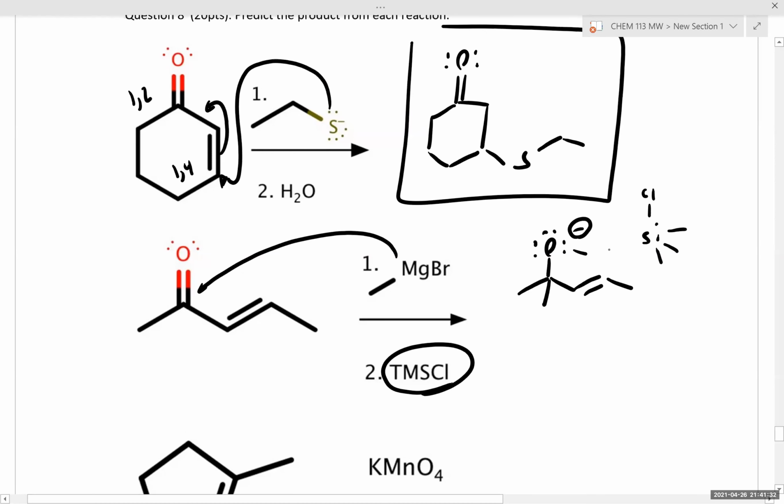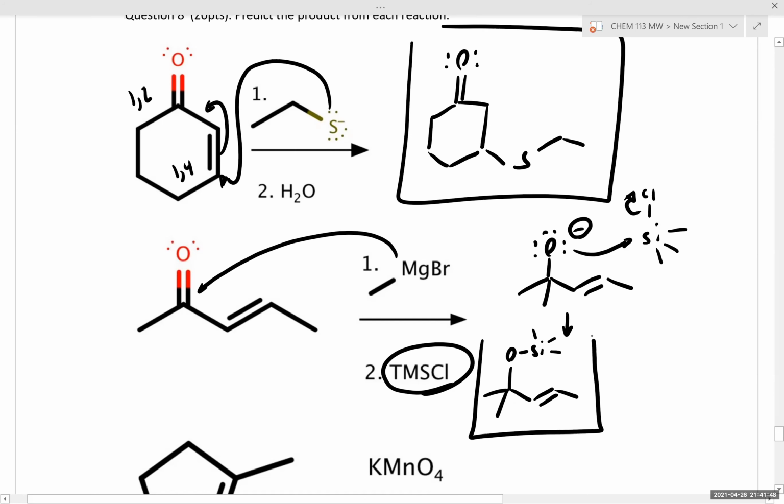It protects the alkoxide as a silyl ether. Exactly right. This is an example of these tandem reactions that we mentioned in lecture, where you can make an alkoxide species and then immediately trap it with an electrophile. Does this example make sense?